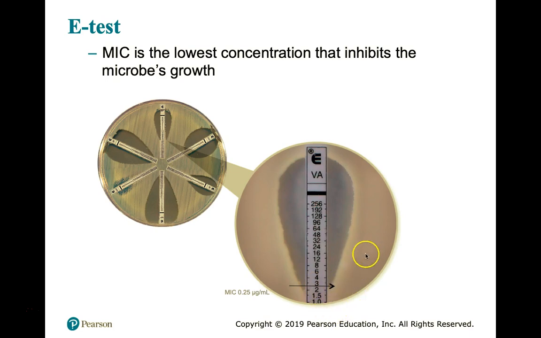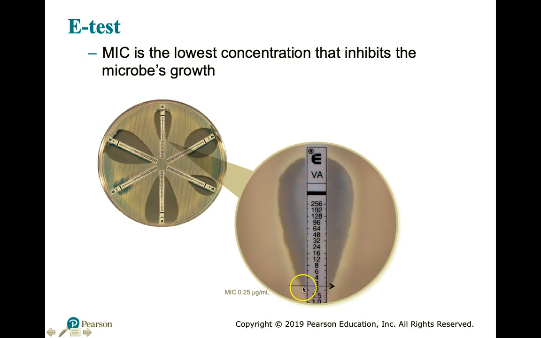So when you look at these, you want to look to see where there is separation from the actual strip. So if you look at 2.25, where this line is drawn, there's separation right here. This tannish color right here, this is all growth. The clearing means there's no growth.